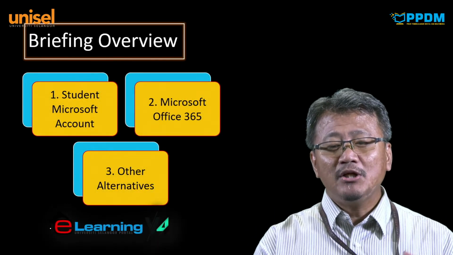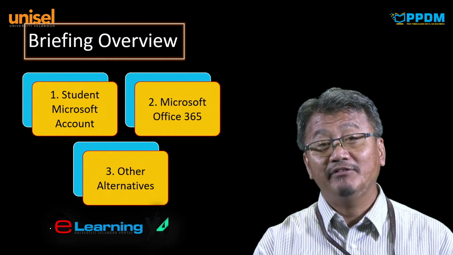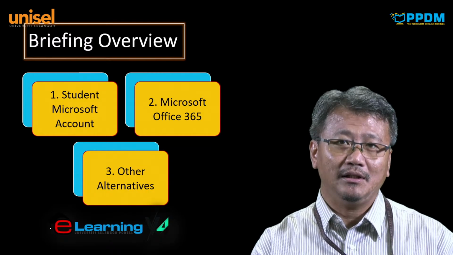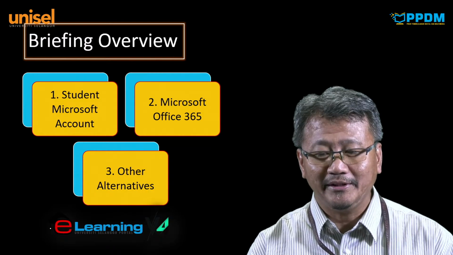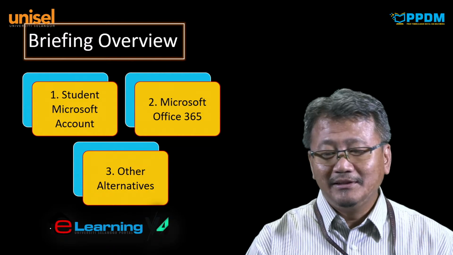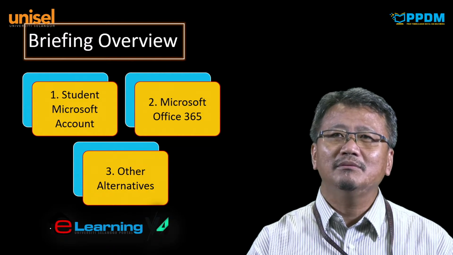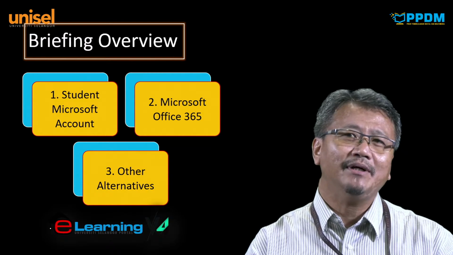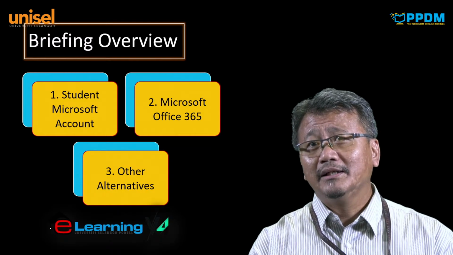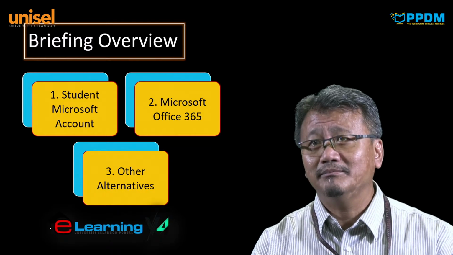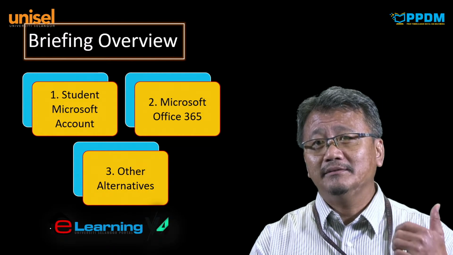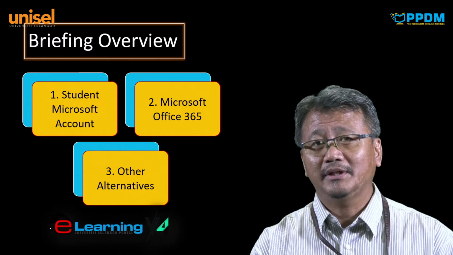We will look at several tools which are available that you can utilize to assist with your documentation authoring, such as word processing, spreadsheet, and presentation just now. And probably we'll look a little bit at some other applications that are being offered. So this is the briefing overview. The first one we are going to look at is the student Microsoft account.